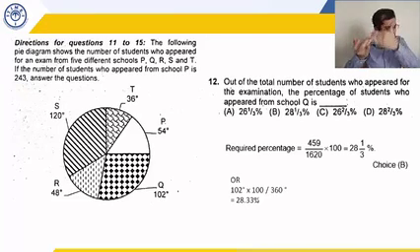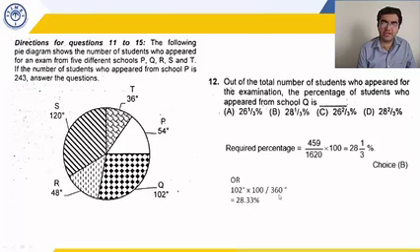Why I'm telling you this is that this can happen in the exam, unnecessarily doing time-consuming calculations. So again, I am telling you: is the total required or not? Many times the total is not required in absolute value terms.